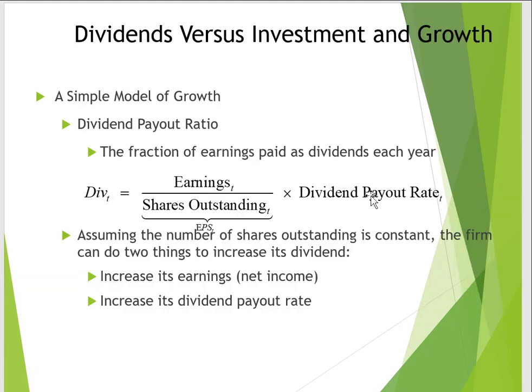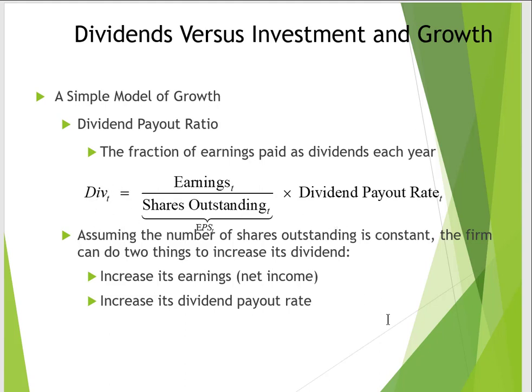So how can we incorporate this concept of growth? Let's think about how this works. The dividend payout ratio is the fraction of earnings paid out. So it's earnings, net income, divided by shares outstanding. If you multiply that times the payout rate, that will tell you what the dividend is.